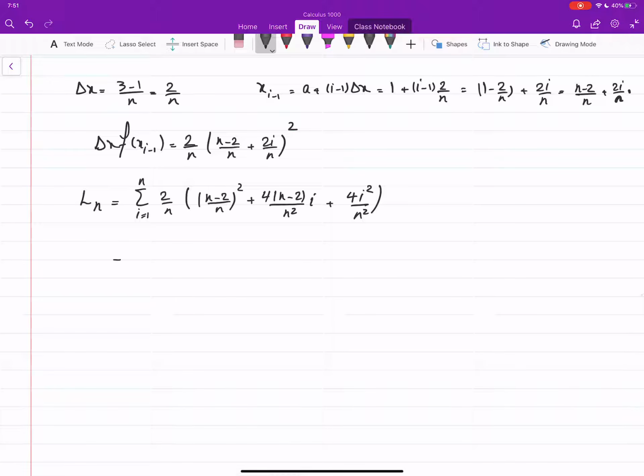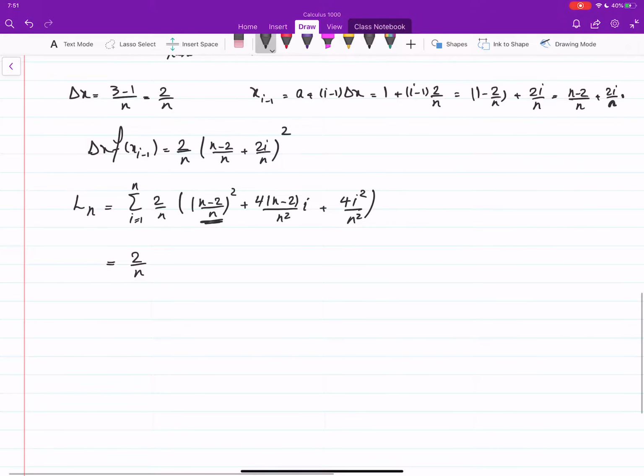Well, we can go ahead and try to simplify this thing. So this will be 2 over n times (n minus 2 over n) squared. These are constant. There is no summing variable there, so I can put that out.